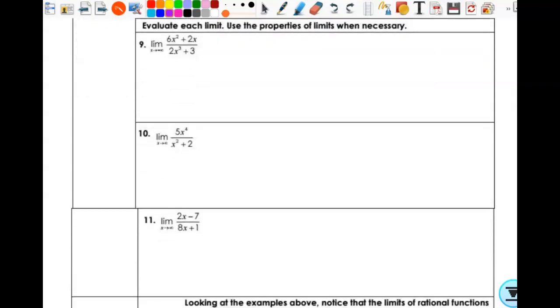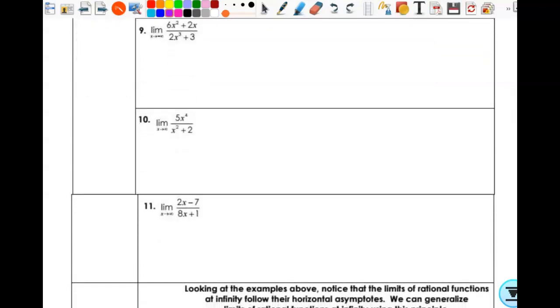So here's how this works. We're going to take the highest power of x in the denominator, which is cubed, and we're rewriting this whole thing, so I have to rewrite my limit statement. The limit as x approaches negative infinity of, all right, so it's x cubed, so I'm going to get 6x squared over x cubed plus 2x over x cubed, and then in the denominator, 2x cubed over x cubed plus 3 over x cubed.